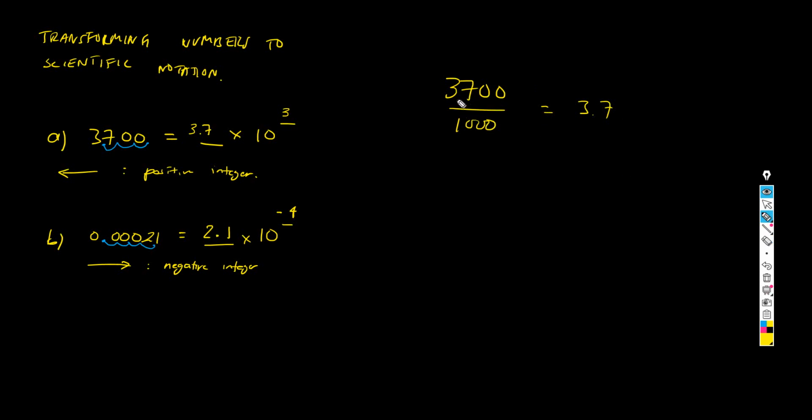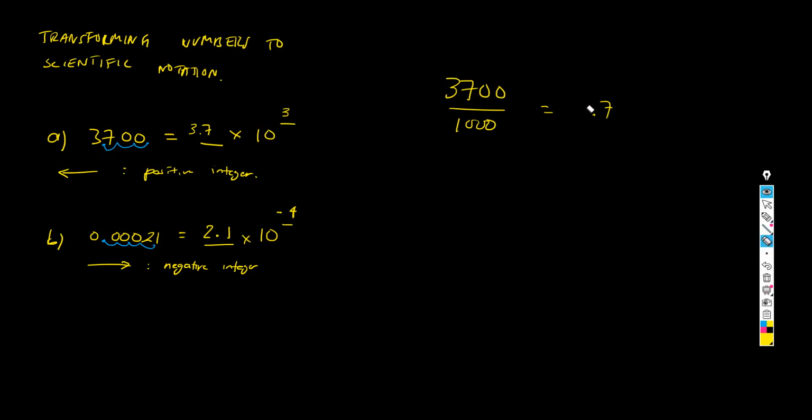So we need to divide this number over 1,000 to produce this number that already meets the requirement for the a, because it's between 1 and 10. Now, I cannot just divide this number over 1,000 and be done with it. That would be incorrect, because I cannot change this number. I'm just going to re-express it in scientific notation.